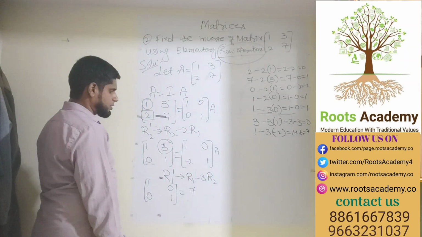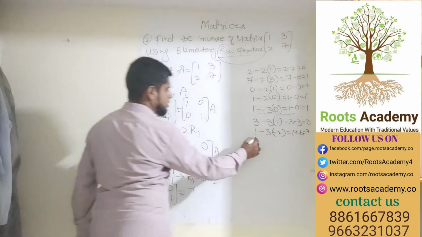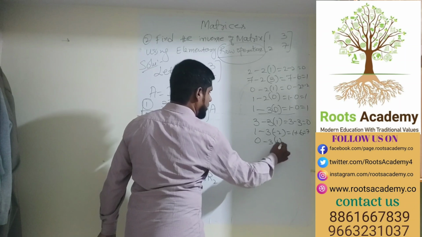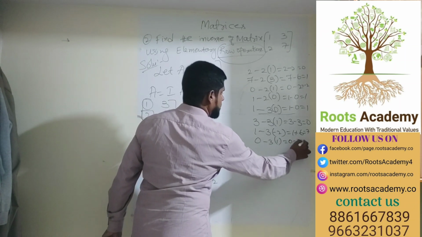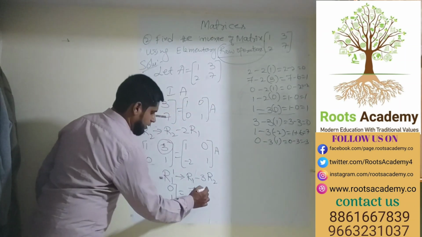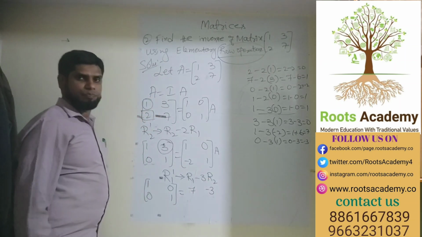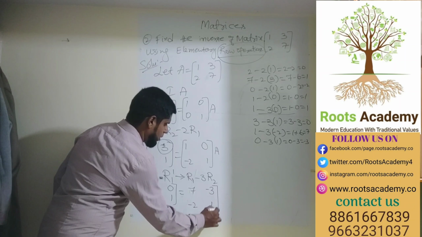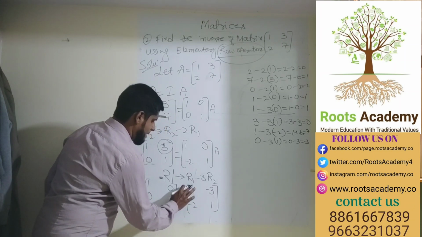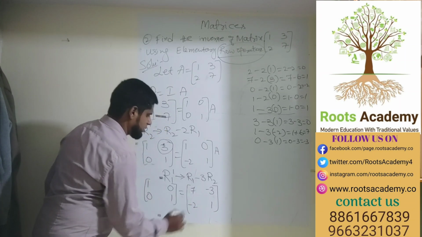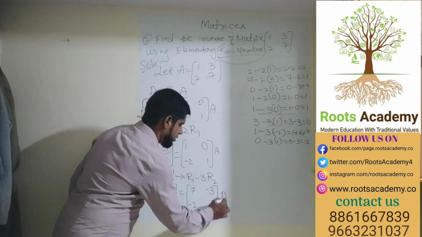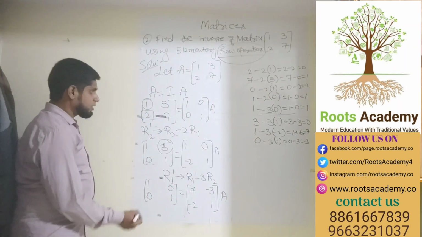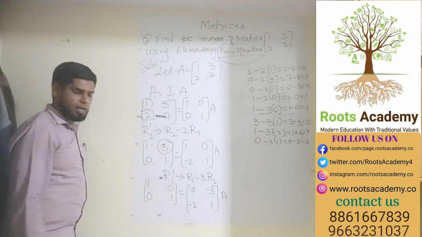Next is this 0 minus 3 into 1. So it is 0 minus 3, it is minus 3. Now here the second row as it is, minus 2, 1. This is 7 into here. Student, here we can just see within 3 steps we got the answer.